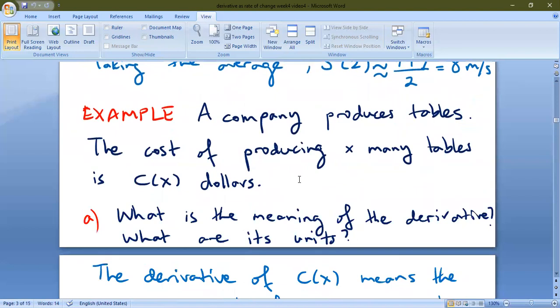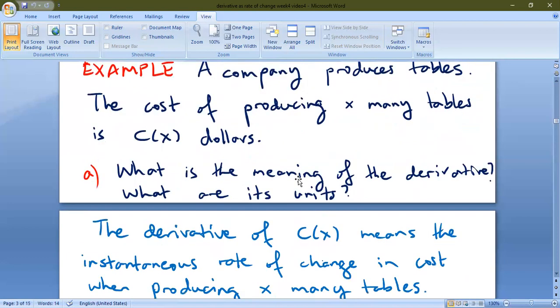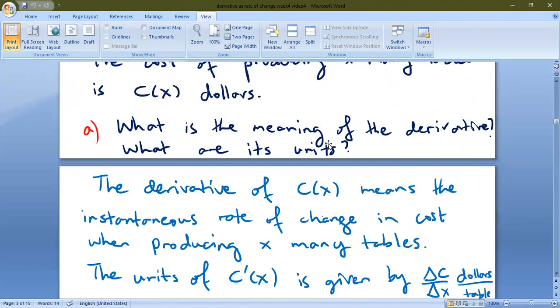There is another example. Let's say we have a company which produces tables, and the cost of producing x many tables is C of x dollars. First part: what is the meaning of the derivative here? What are its units? The meaning of the derivative here is the instantaneous rate of change in the cost when producing x many tables.